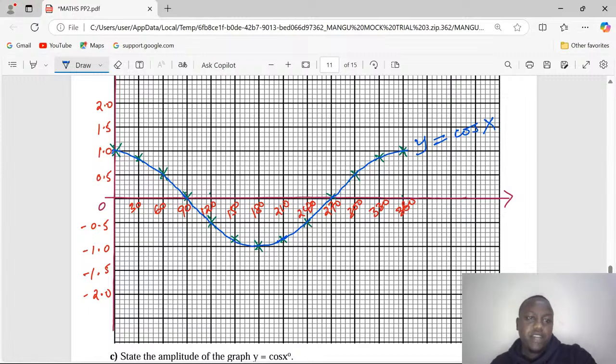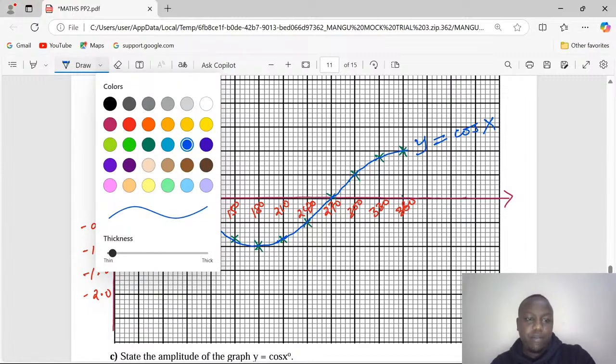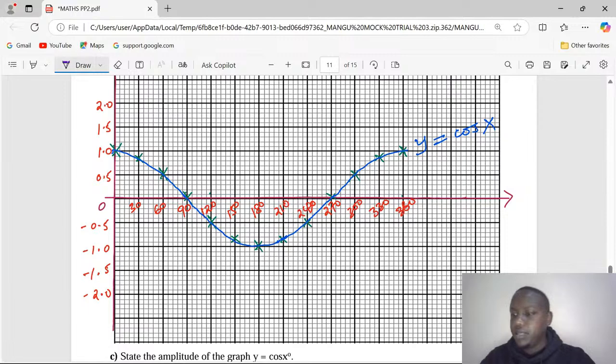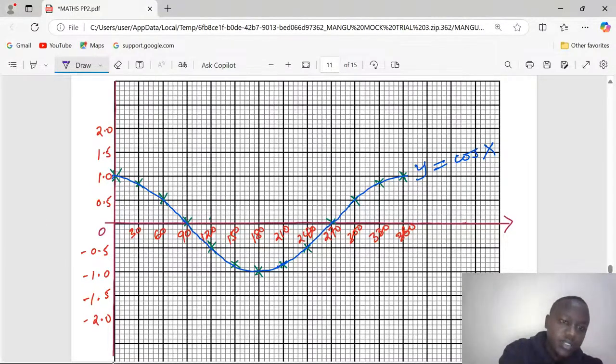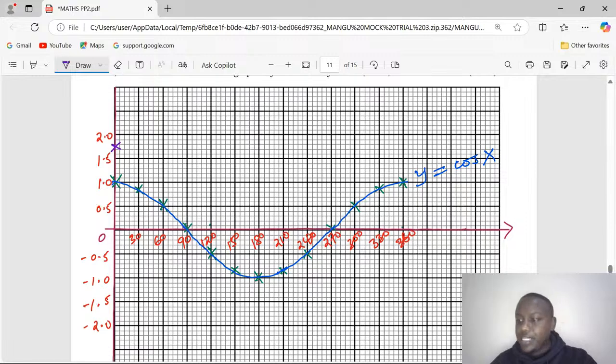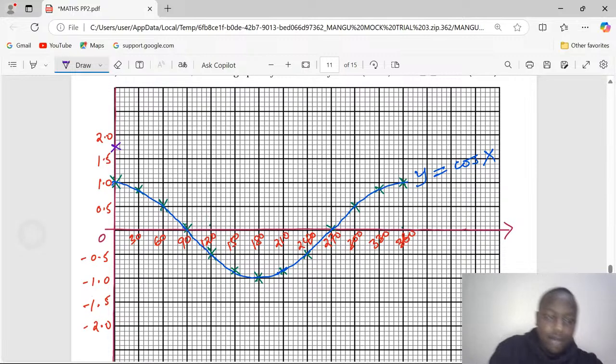Allow me to use a different color again for the plotting of coordinates. At 0, I'm going to have 1.73. At 30, I'm going to have 1.